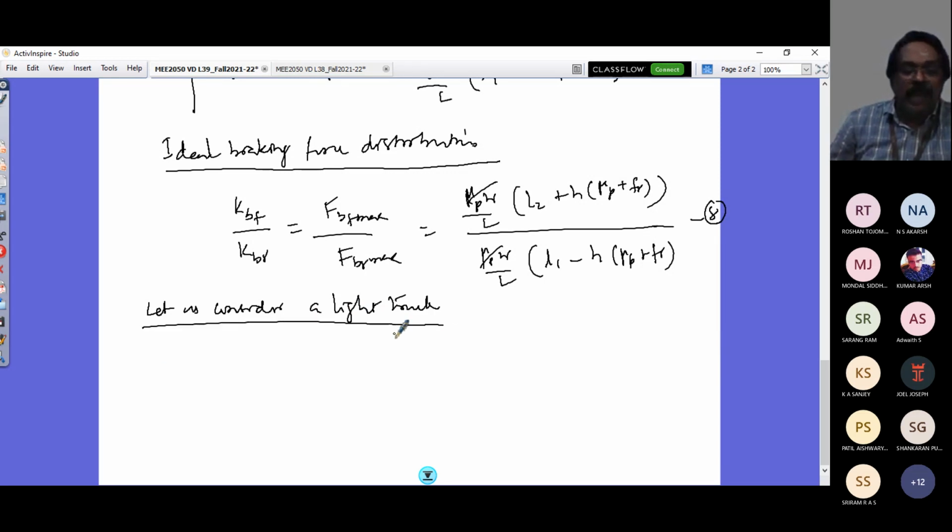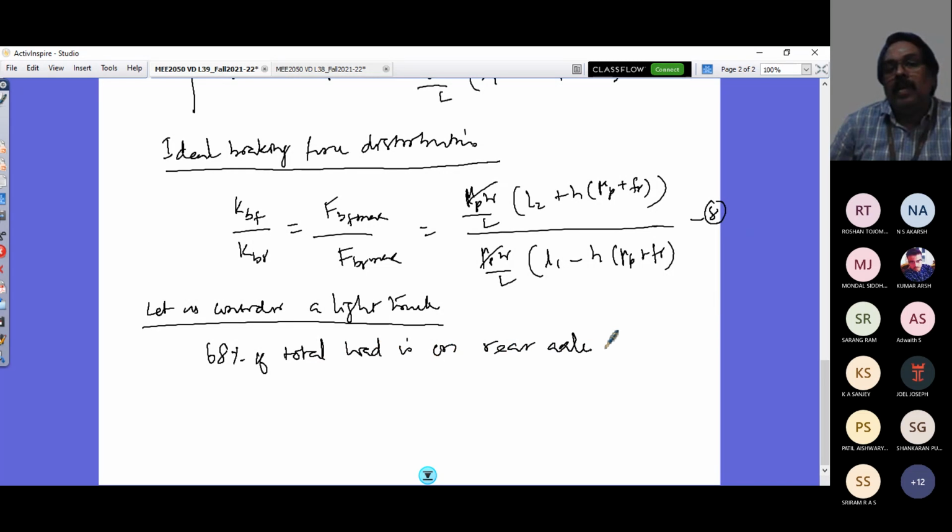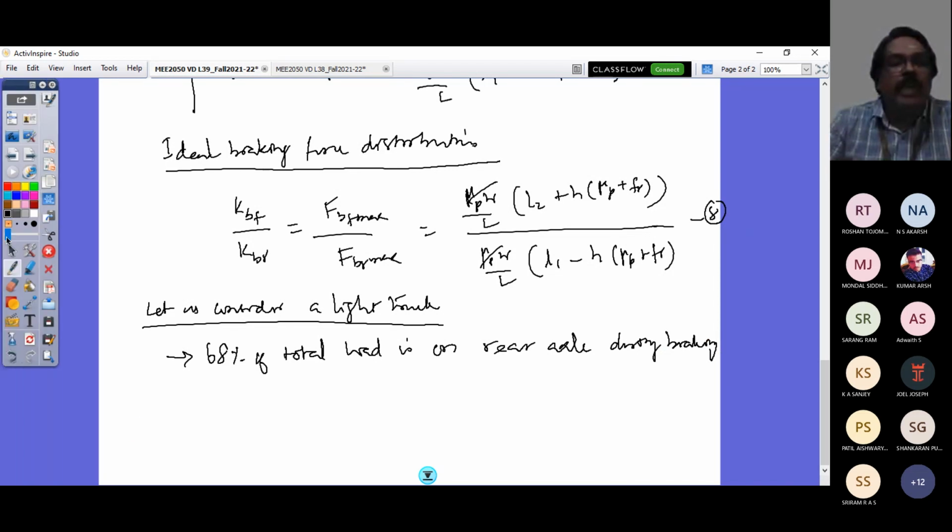The load distribution of the light truck is such that 68% of total load is on the rear axle. That means during the static load condition, not braking, because then we do not know what is happening.